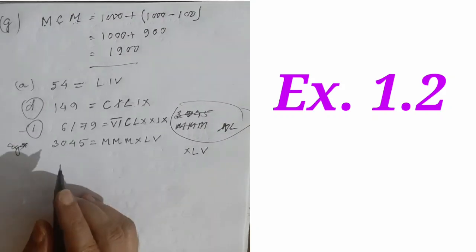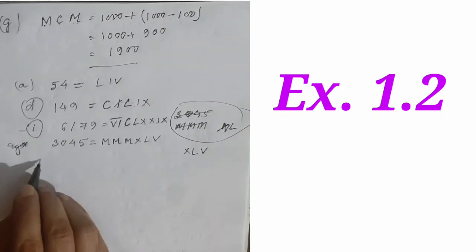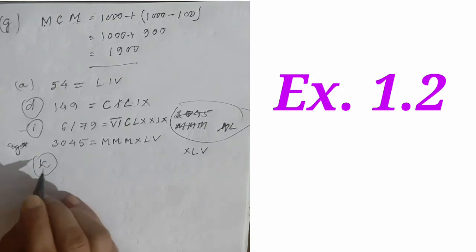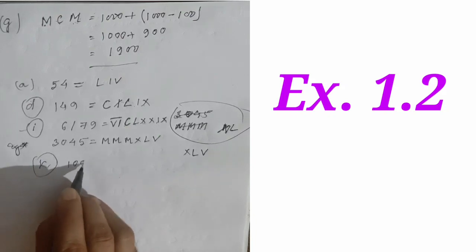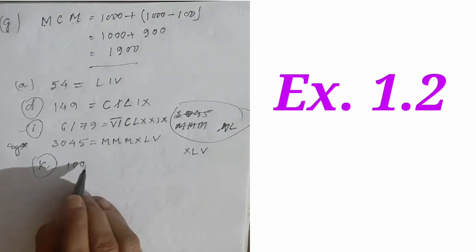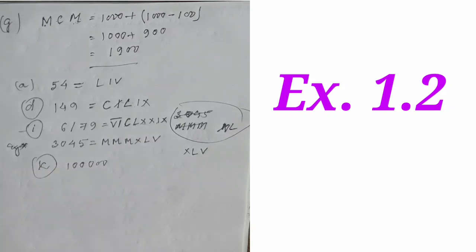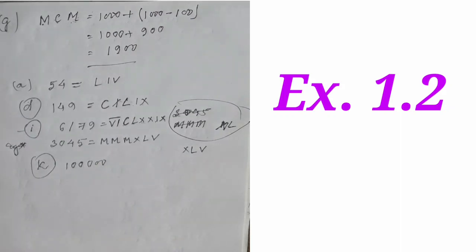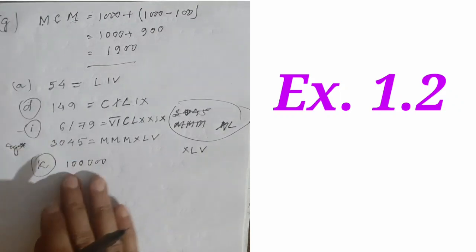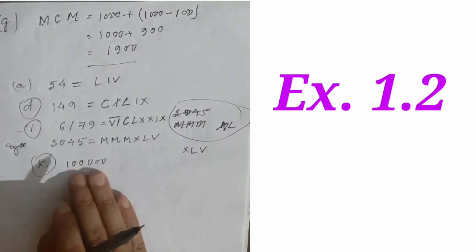Okay, the next question is: we have 1, 2, 3, how many zeros do we have? 5 zeros, 1 2 3 4 5, that is 1 lakh. So how can you write 1 lakh in Roman numerals? Check here, we will convert this one to 1000. So how many thousands do we have here? That is important here.